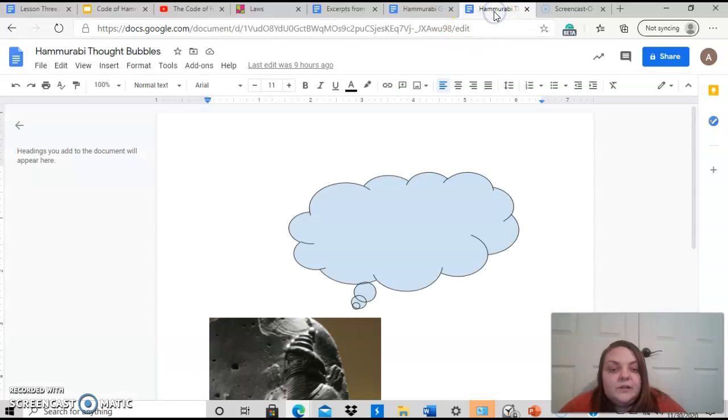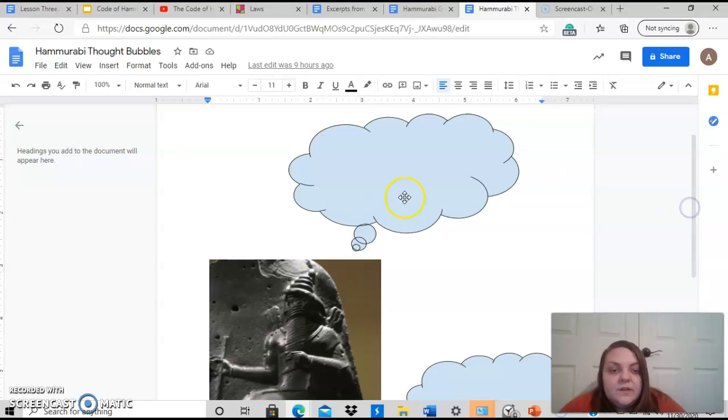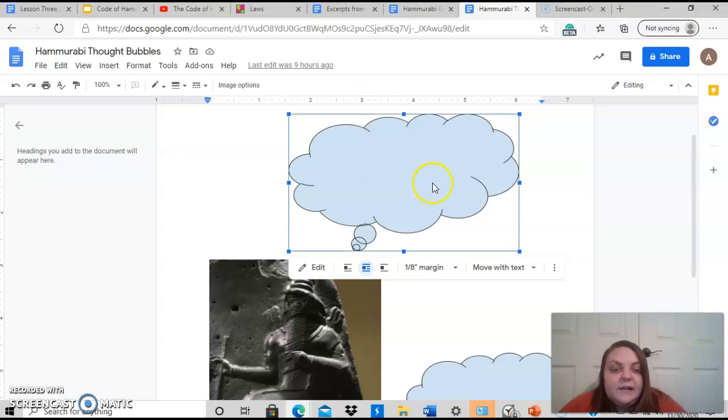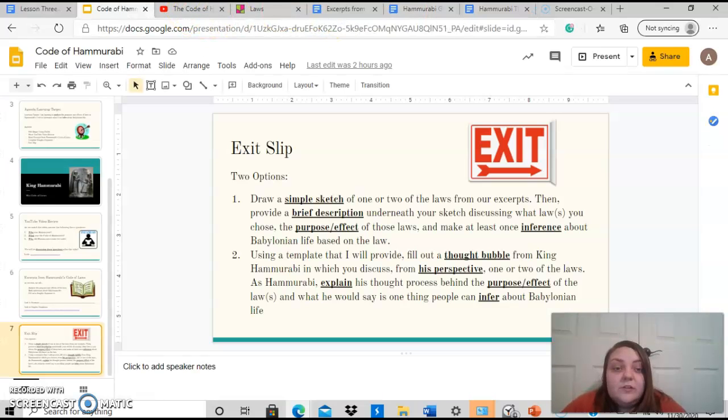And this is what it could look like. Picture from the stone, and then a thought bubble right here. They would just add their text, and again, it would be from Hammurabi's perspective. And this is just a template they could use. They could also, if they want to, draw thought bubbles. They don't have to use the template.